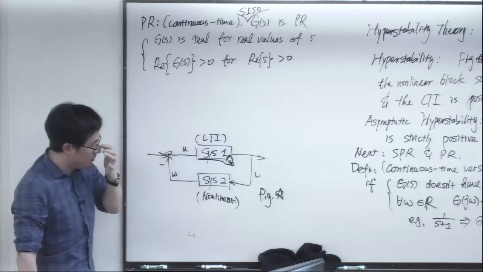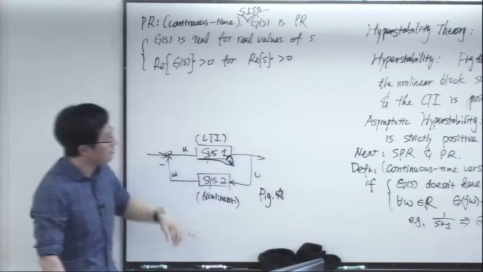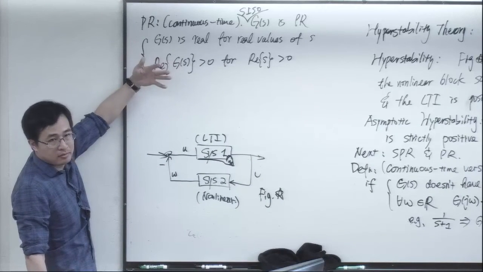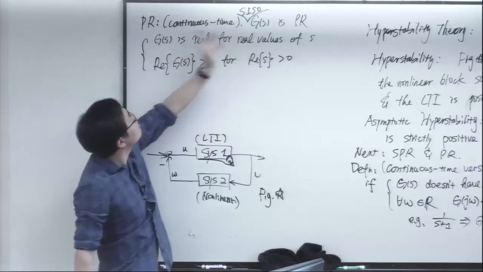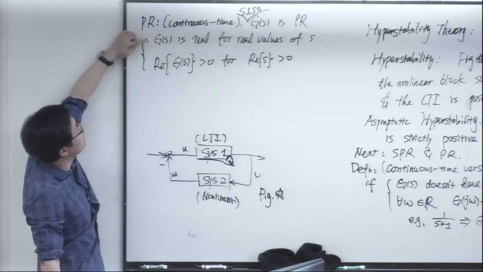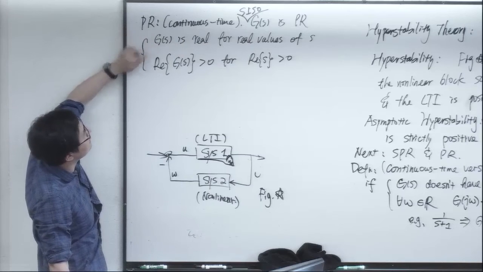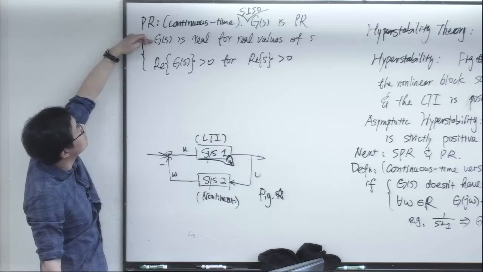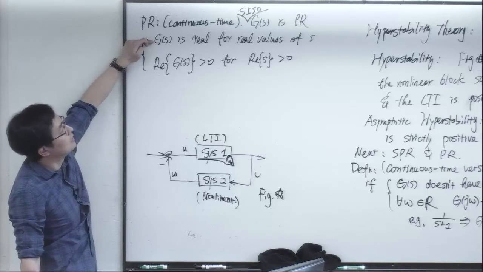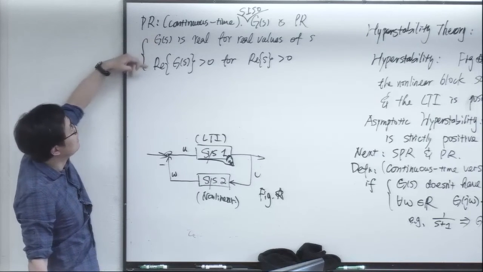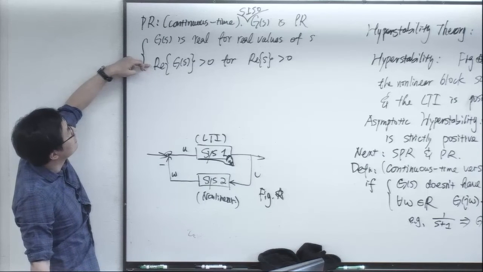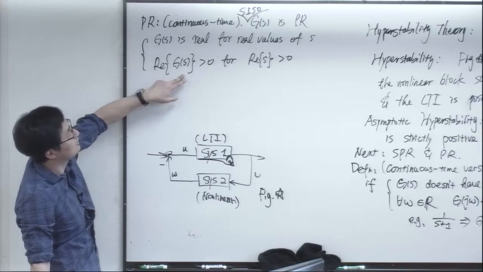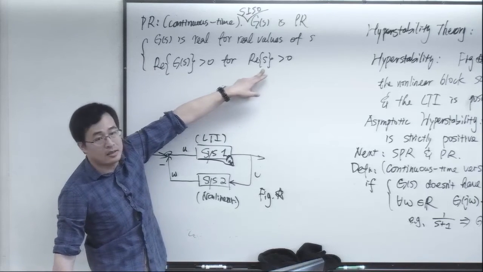This is a little bit more than this condition, but it explains the name better. The name is saying positive real. You can see this is the positive side, this is the real side. It is saying the function is real if s is real. It is saying the function is positive, the real part of this complex number is positive, if the real part of s is positive.